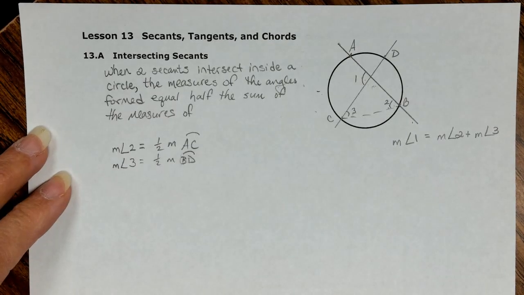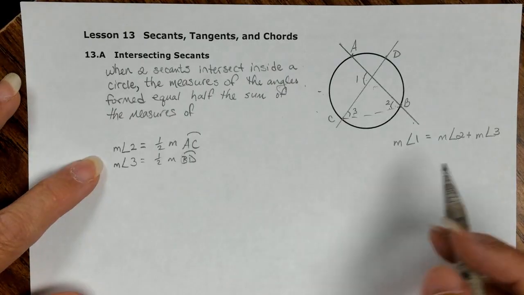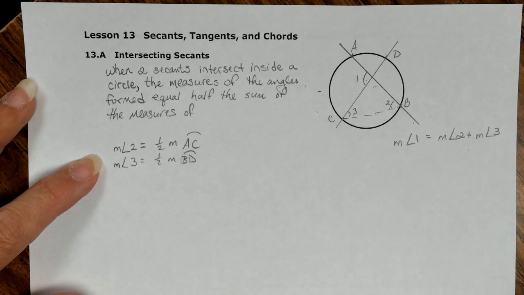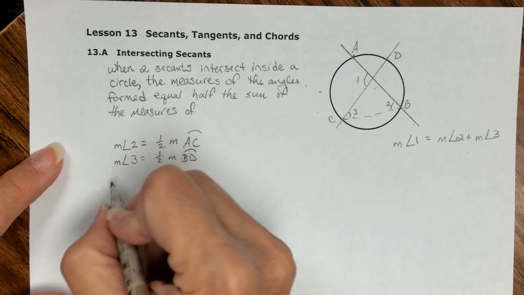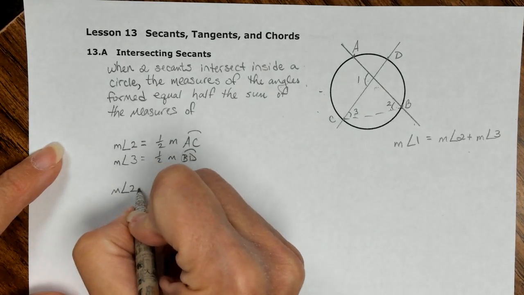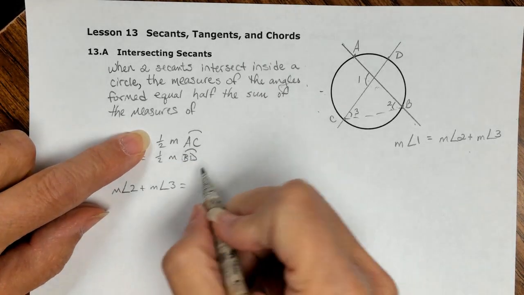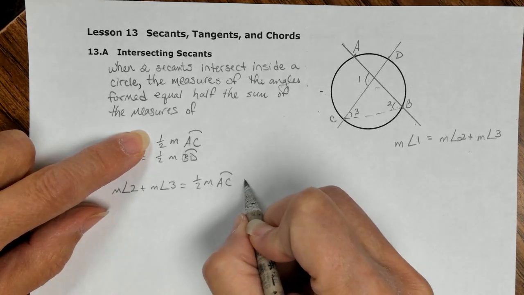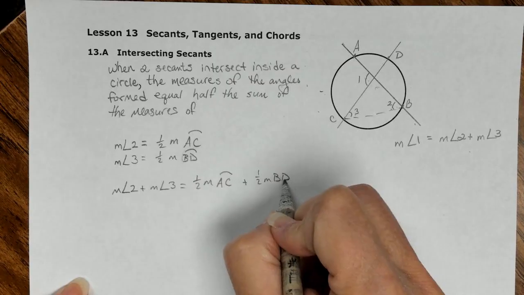Okay, and if we're trying to find the measure of angle 1, we should be able to add these two according to this remote interior angle thing. So measure of angle 2 plus measure of angle 3, that would be half measure of arc AC plus half measure of arc BD.